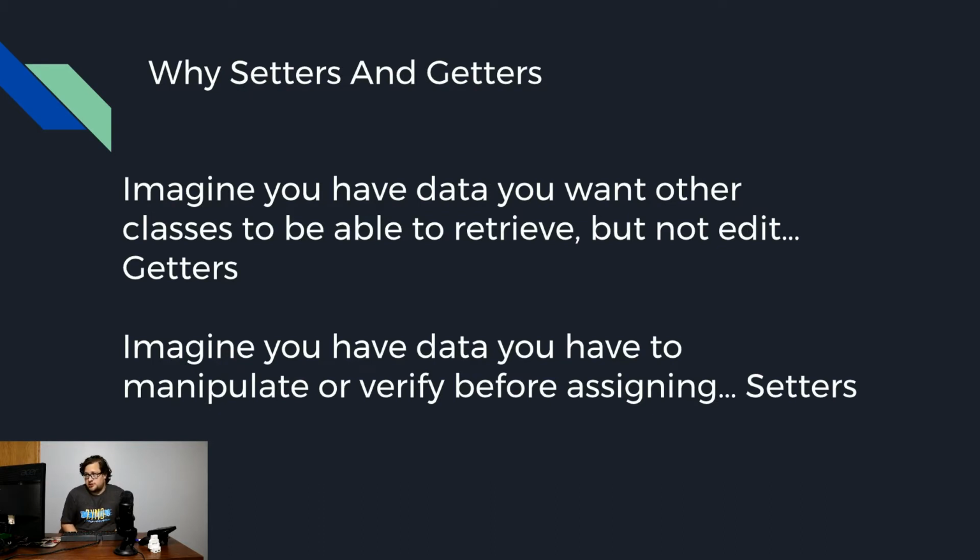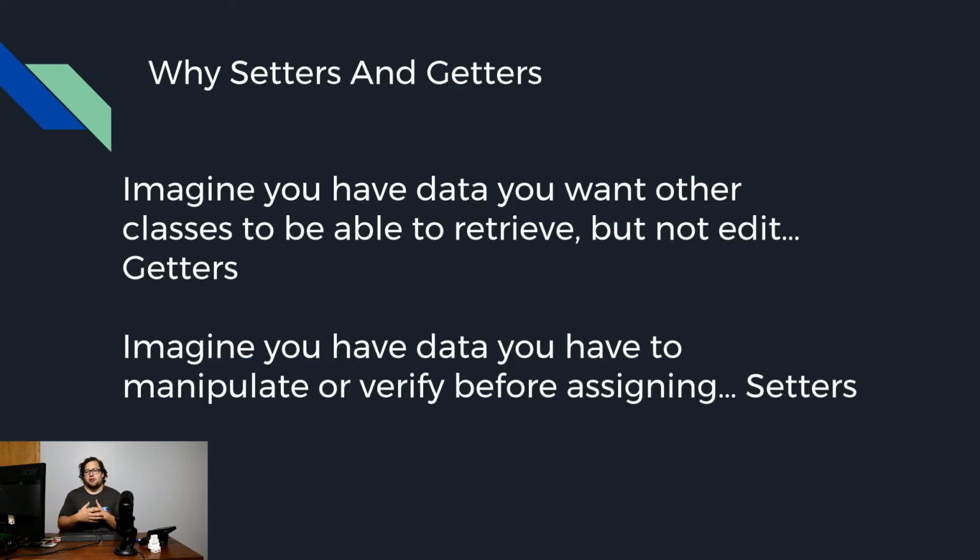So let's imagine you have data you want other classes to be able to retrieve. And remember, classes are different objects or interfaces to other things that may need something that you're currently building. So you want them to be able to retrieve something, but never be able to edit them. Remember, we had the protected, private, and public variables. Public gave access to everyone, both editing and getting, so you can change the value and retrieve the value.